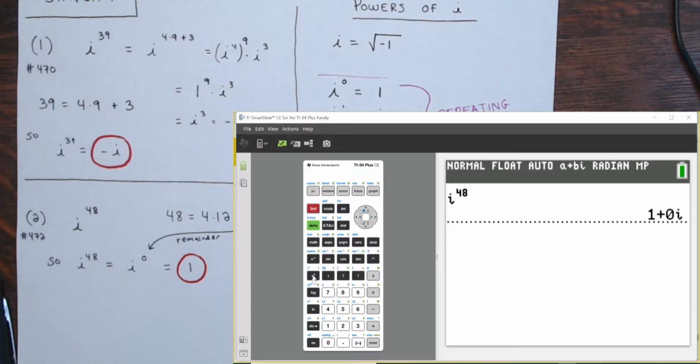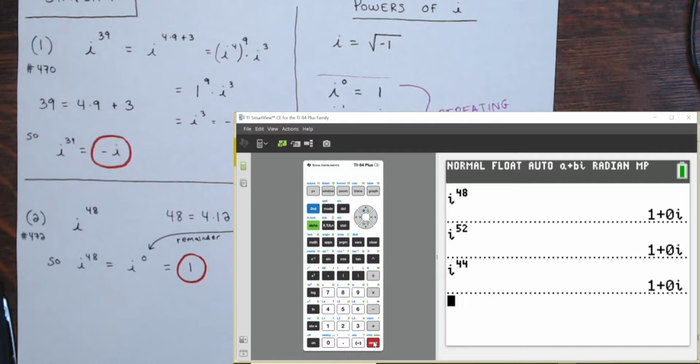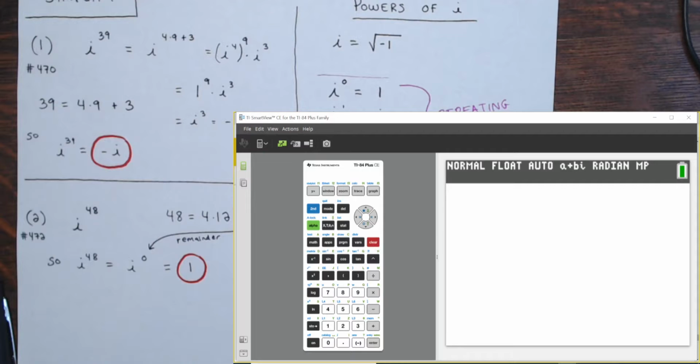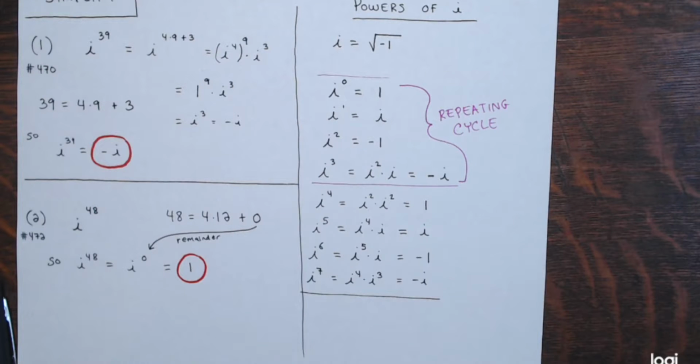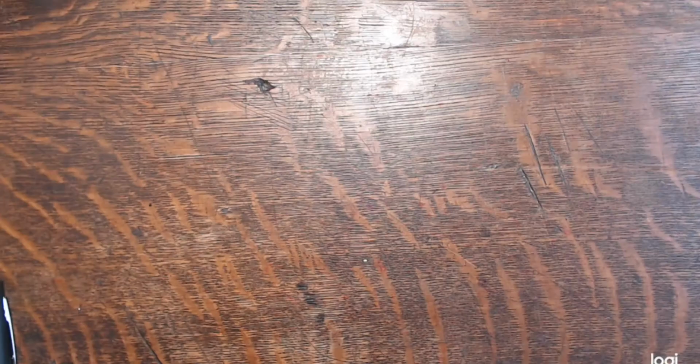Same thing for i to any power, keep adding 4, subtracting 4. i to the 52nd power is 1. 1 plus 0i. i to the 56th power, 44th power, any multiple of 4 is just 1. All right, wonderful. Okay, next question. Same instructions.